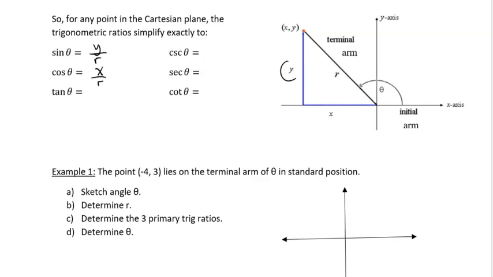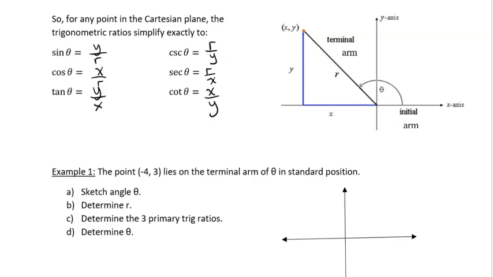And tan would be the opposite over the adjacent, which is the y value over the x value. Cosecant is just the reciprocal of sine, so that's r over y. Secant is the reciprocal of cos, so that's r over x. And cotangent is the reciprocal of tan, which is x over y. So we're going to use those ratios to solve the next two examples together.